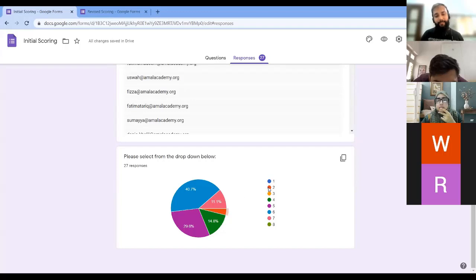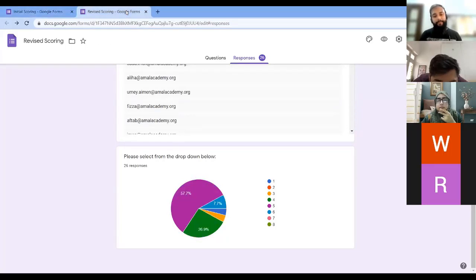As you can see, it ranges between 2 and 7, with the majority giving it a 5 or 6. And right now we have most people sharing 4 and 5, with one person giving it a 1. I'll find out who this is. And yeah, so for the majority, I guess we can say that there is greater consistency within the results.